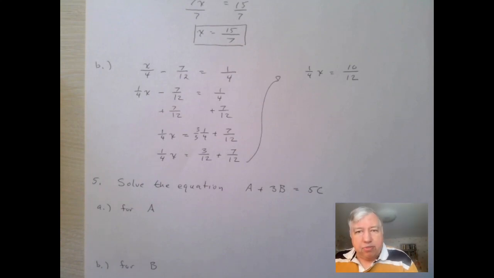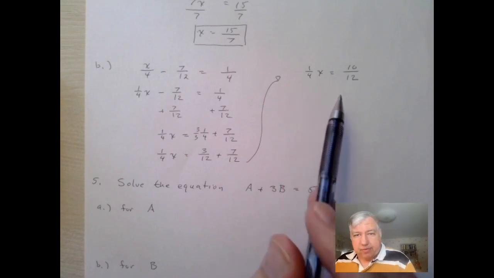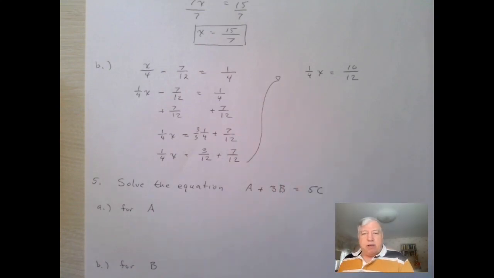All right, now at this point you could simplify, reduce to lowest terms, or we can hold off a little bit. We really want to solve for x, so we'd like to get rid of this 1/4. What we can do is divide both sides by 1/4, or multiply by the reciprocal of 1/4, which is 4. Either way is fine.